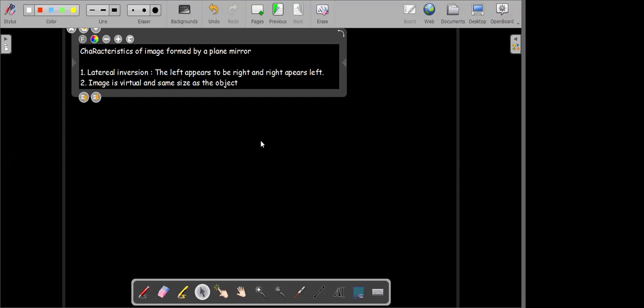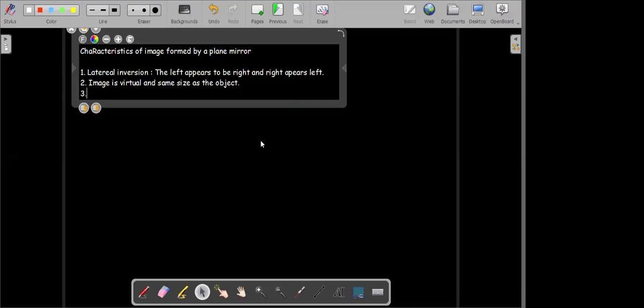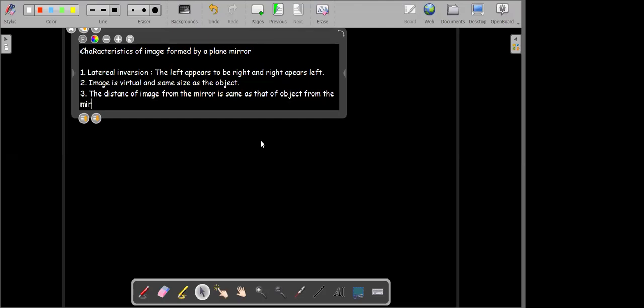So the image is virtual and the same size as the object. Then the third thing is that the distance of the image from the mirror is the same as that of the object from the mirror.